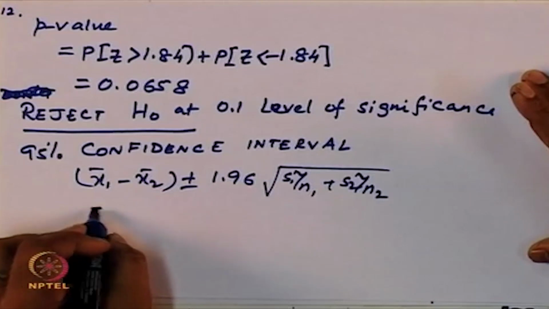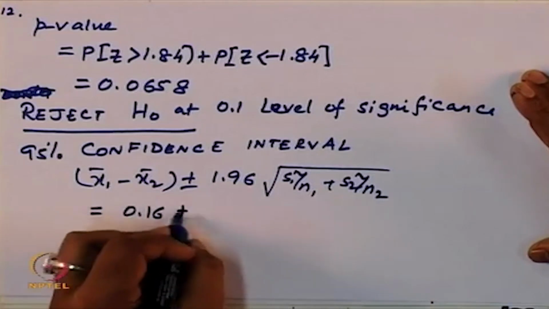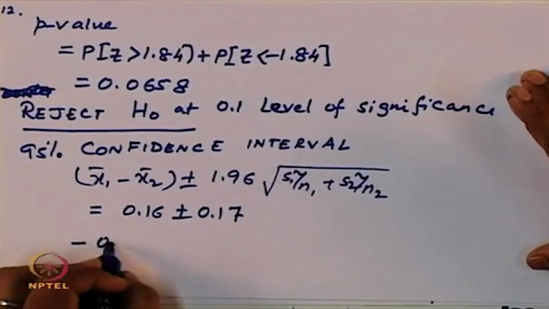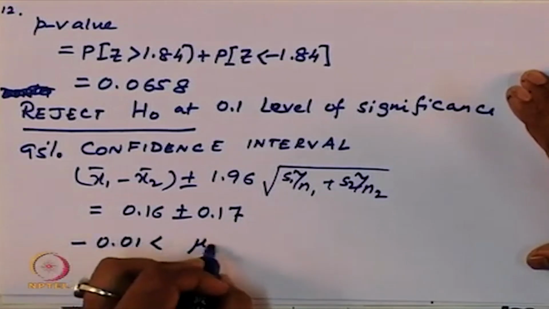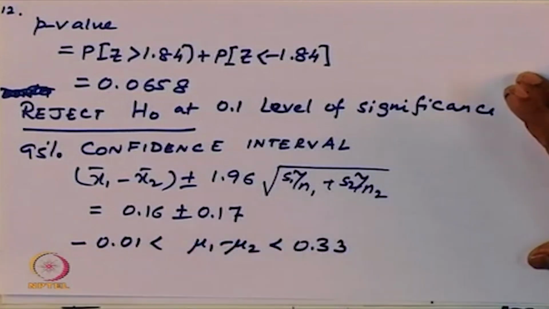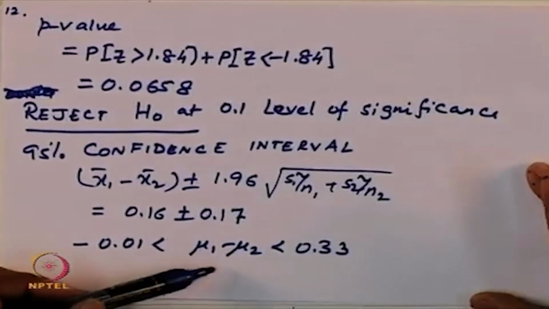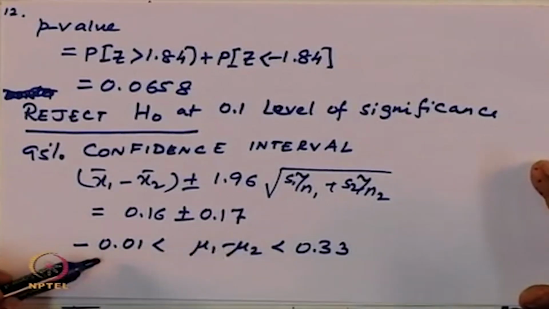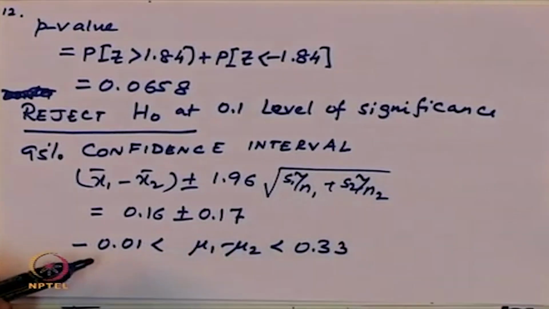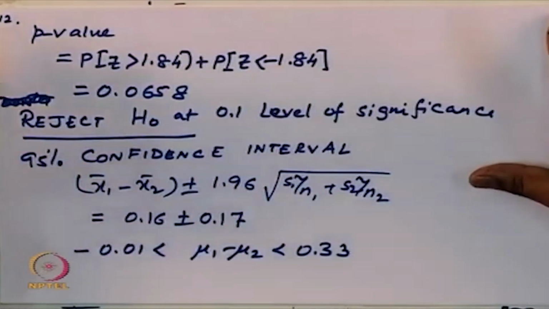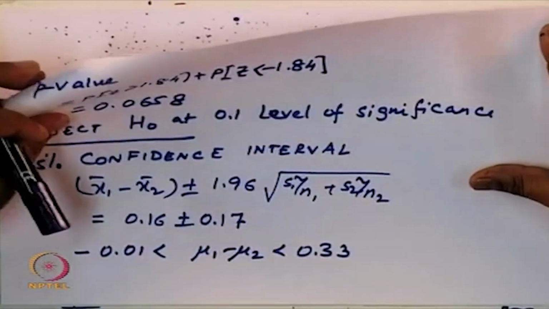This comes out to be 0.16 plus minus 0.17. So, the bounds become minus 0.01 to 0.33. Because it is possible to have a value of 0, that is no difference, you cannot say that there is a statistical difference between these two populations.